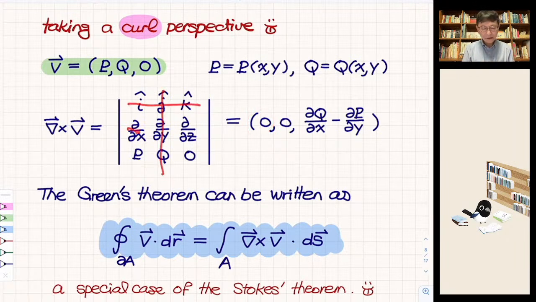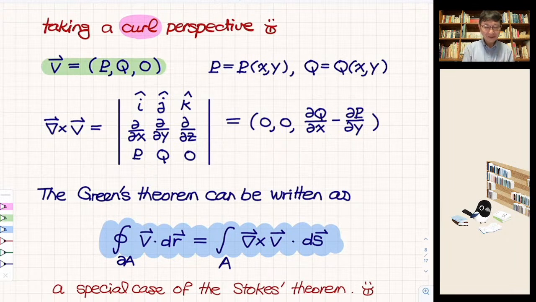For j, you get dP/dz, and since P is a function of x and y, that is also 0, so that's the second 0. And for the k, the z direction, you get dQ/dx minus dP/dy.